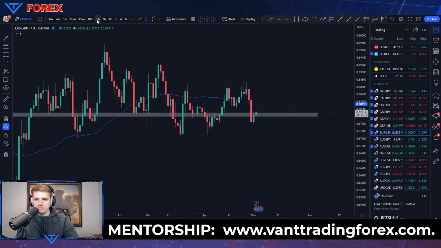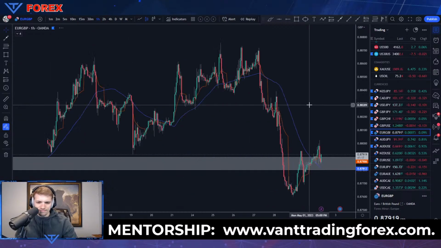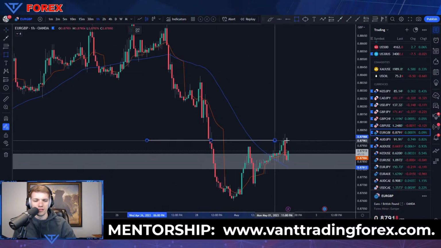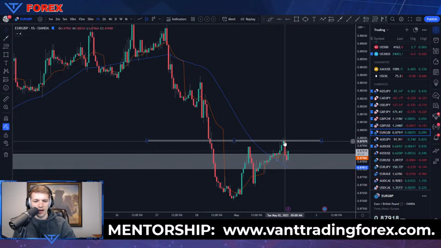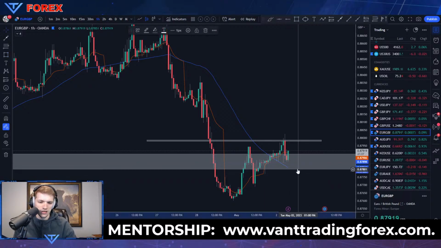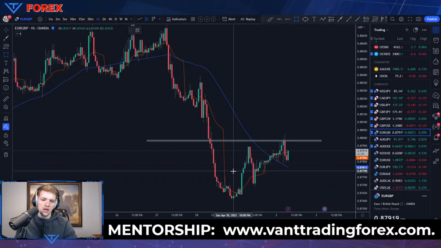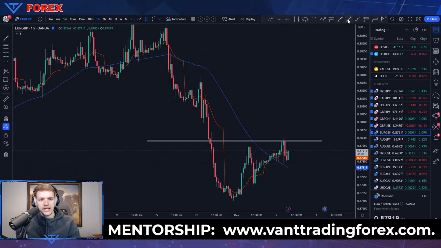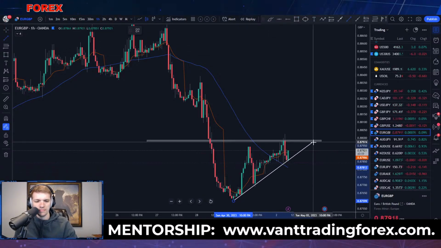So look at the 1 hour chart. Clean buys above this prior high from the overnight session. Sells would be, oh, I don't know. Let's see.